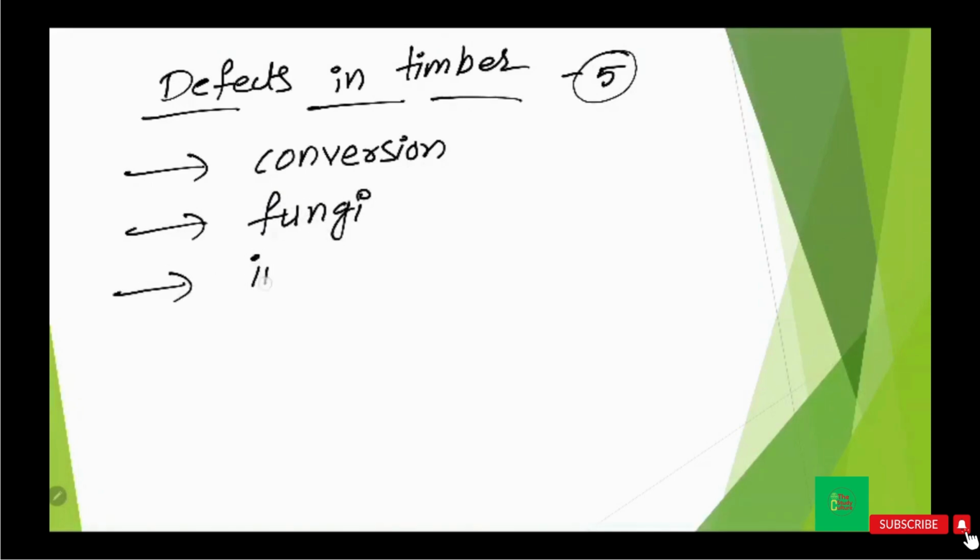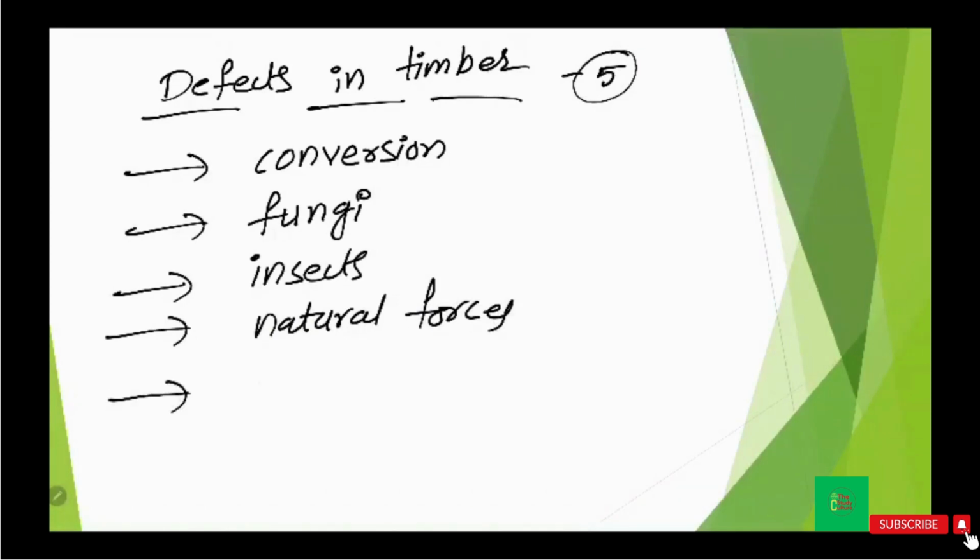Defects due to insects. Defects due to natural forces. Defects due to seasoning. In the next video, we will discuss conversion, fungi, insects, natural forces and seasoning defects in timber.